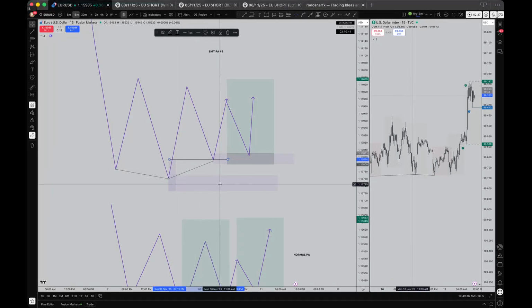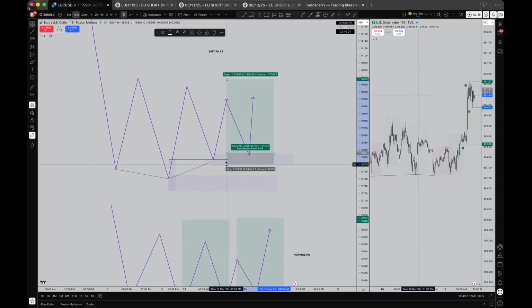It doesn't matter if our refine entry has been triggered or not. As long as the imbalance is mitigated, and as long as the new SMT type A is confirmed, we can let go of that first entry and we can focus on the entry of the SMT type A, which would be this.